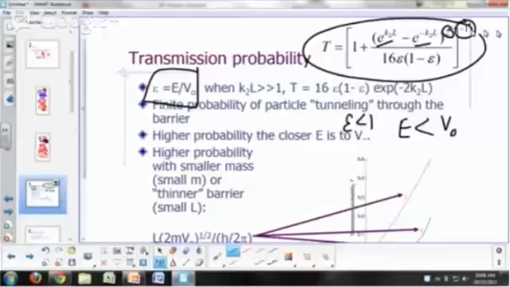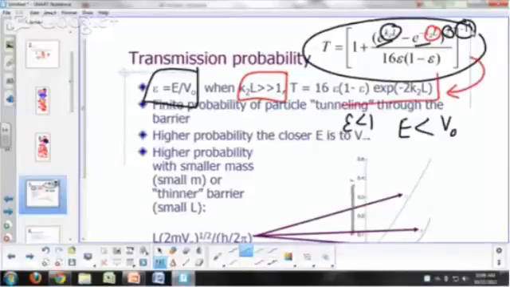This expression can also be simplified if k2L is much, much larger than 1. You can reduce it to this expression right here, which is a little simpler. What does it tell you?